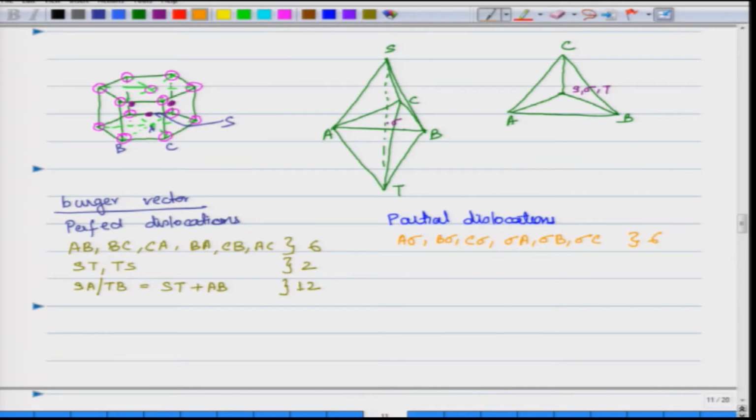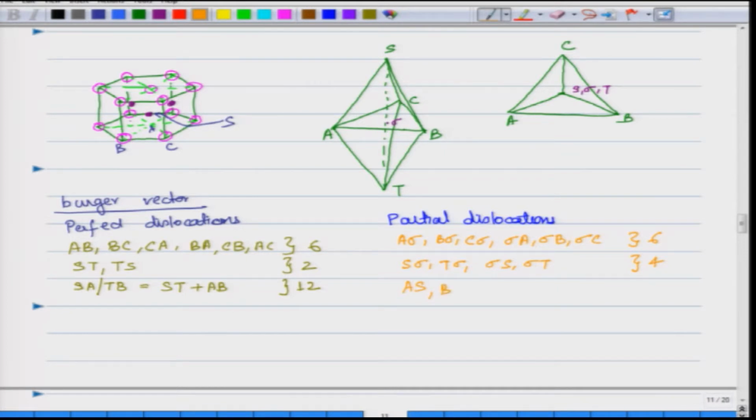Now, this can also be connected to S and T. So, it is S sigma, T sigma, and the negatives, sigma S, sigma T. So, this is another 4 Burgers vectors, and other than that you can also get Burgers vectors that are also connecting endpoints, but as you can see, this is not a full vector.